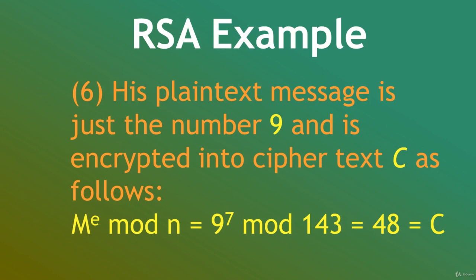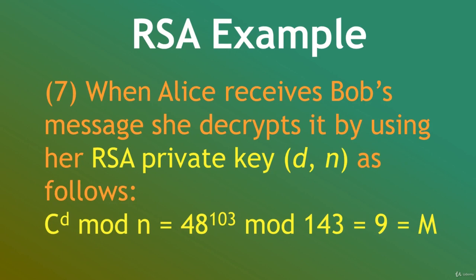M to the e modulo n equals 9 to the 7 modulo 143, which equals 48, which equals C. Next, when Alice receives Bob's message, she decrypts it by using her RSA private key, d and n, as follows. C to the d modulo n equals 48 to the 103 modulo 143, which equals 9, which equals M.